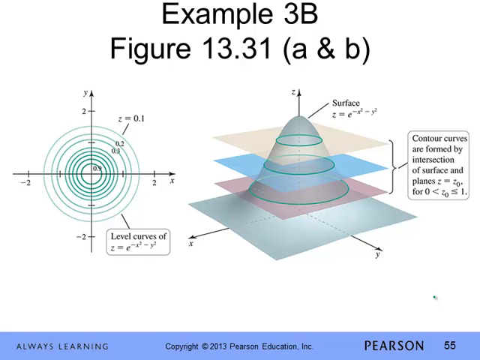And then you could piece together, based on these different values of z and these different concentric circles, what the shape of the surface will look like. Now, if x and y were both 0, then you'd have z equals 1.